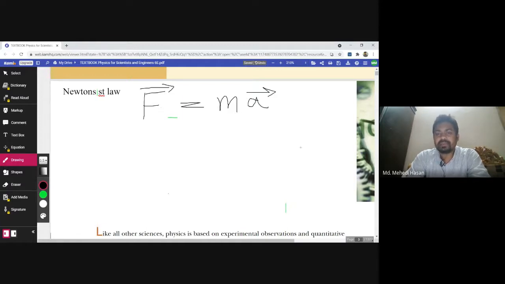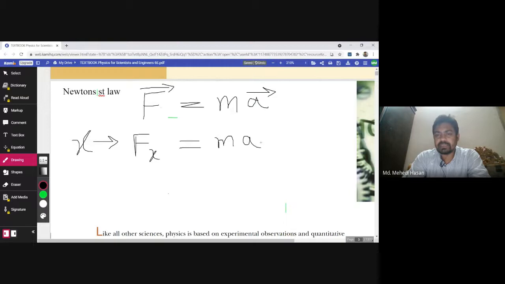We know that in a two-dimensional xy coordinate system, this equation has two components. If you consider the x component, it will be Fx equal to max, so we can say it is m times ax.